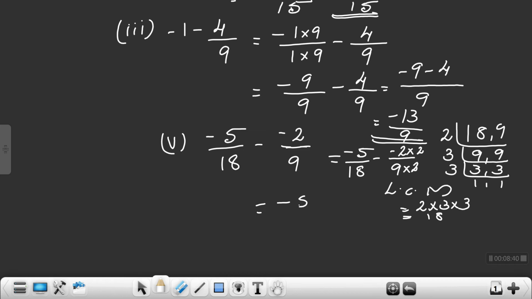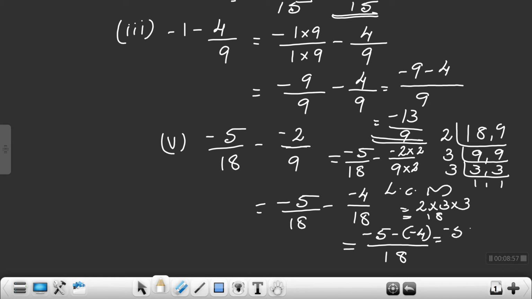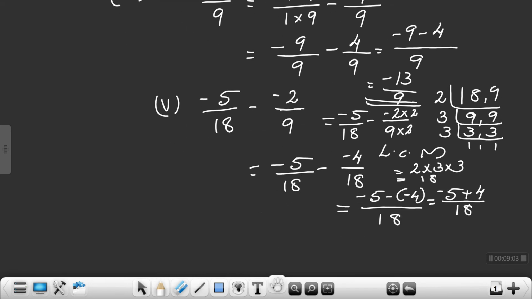That is negative 5 by 18 minus negative 4 by 18. Common denominator 18, negative 5 plus 4 by 18, that is negative 1 by 18.